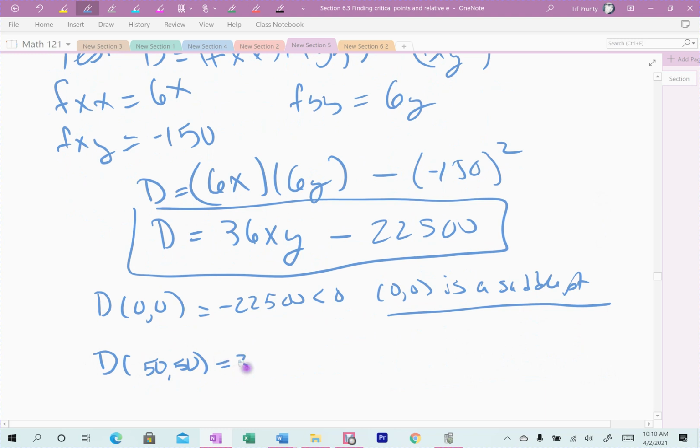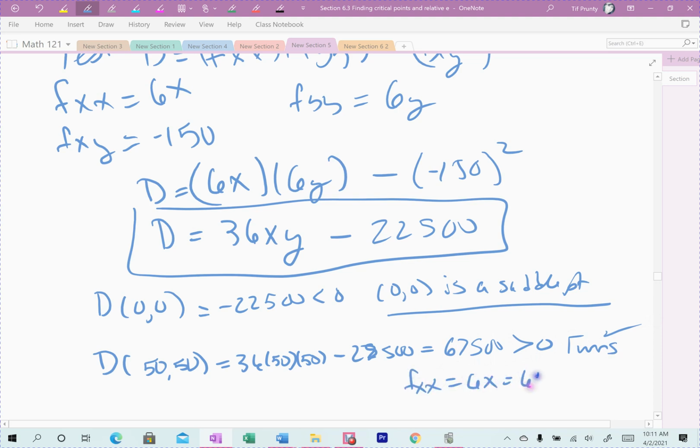Now I test the other point, which was 50, 50. I plug it in, I take 36 times 50 times another 50 minus the 22500. That comes out 67500. So that comes out positive, so that tells me it turns. So it checks that it turns, and then I see which direction it turns. You can pick either one. Again, we typically pick the x direction. It was 6x, so it's 6 times 50.